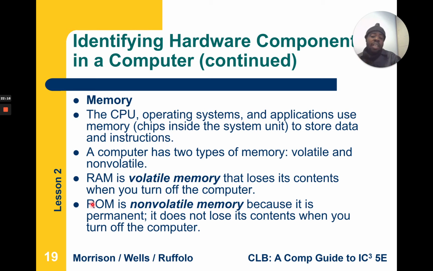But when you save it, it goes to what? ROM, read-only memory, which is non-volatile because it stores information permanently. It does not lose its content when you turn your power off. But for the RAM, when you turn your power off, it loses the content. So RAM is volatile and temporary.